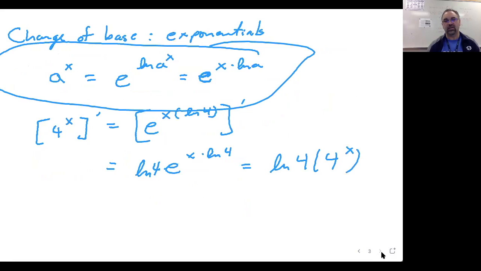I need to talk to you a little bit about integration with these. Now, one thing we have not done yet, and we won't do for quite a while, is we haven't integrated natural log of x, so don't worry about that. But what we might see in here is a base other than e being integrated in an exponential.